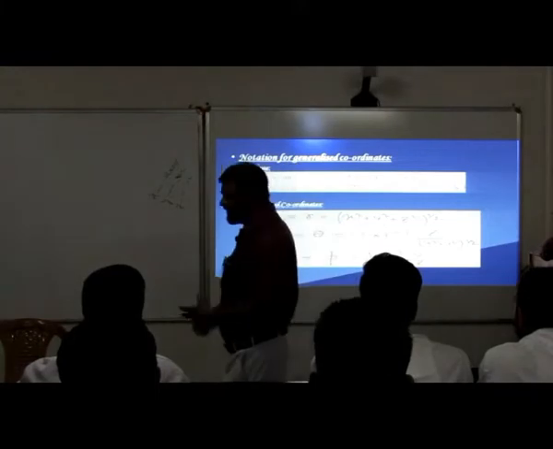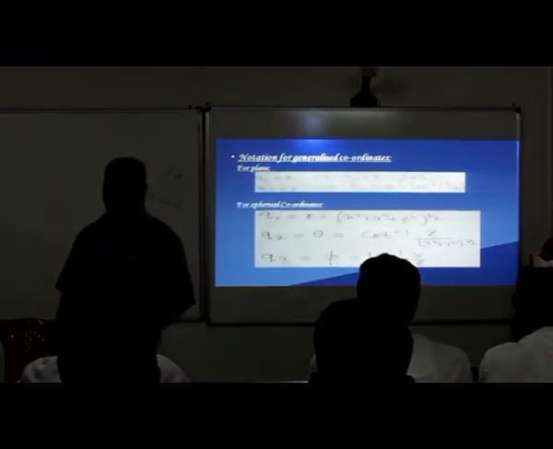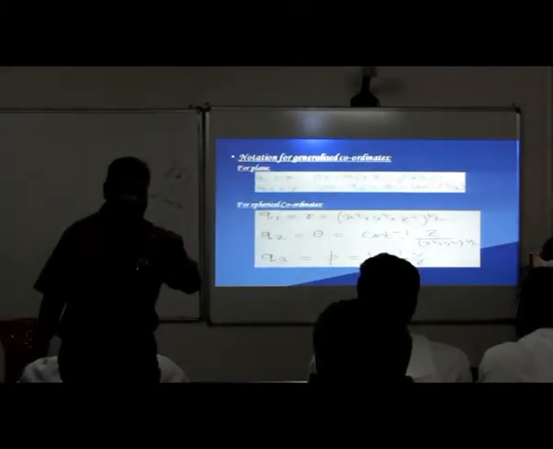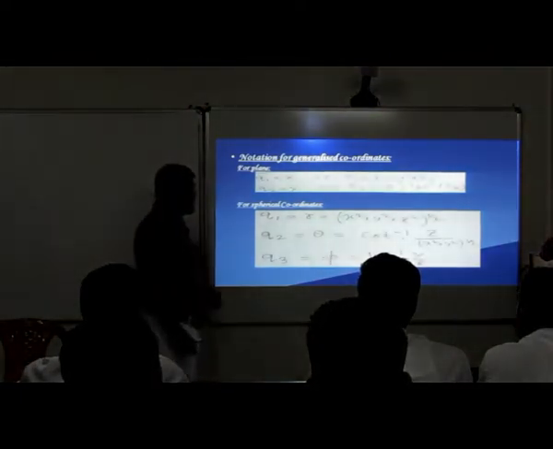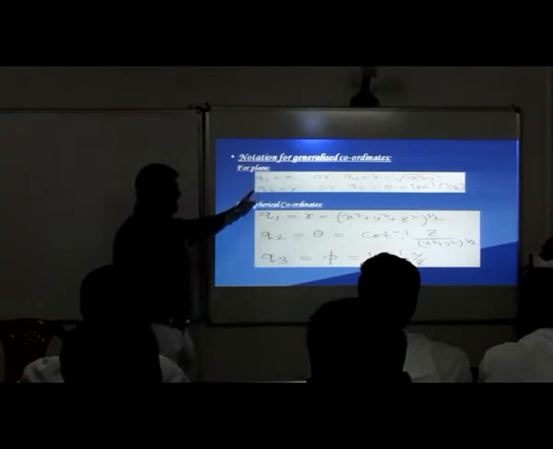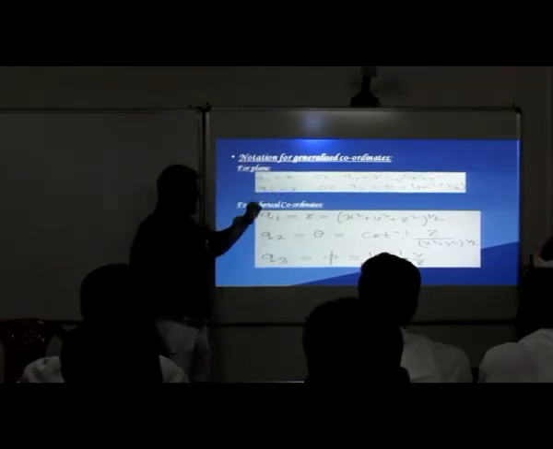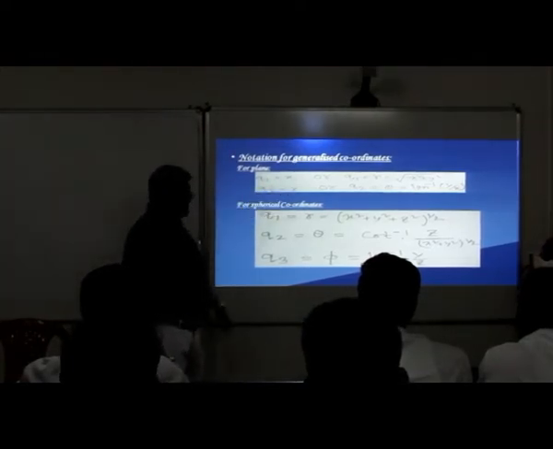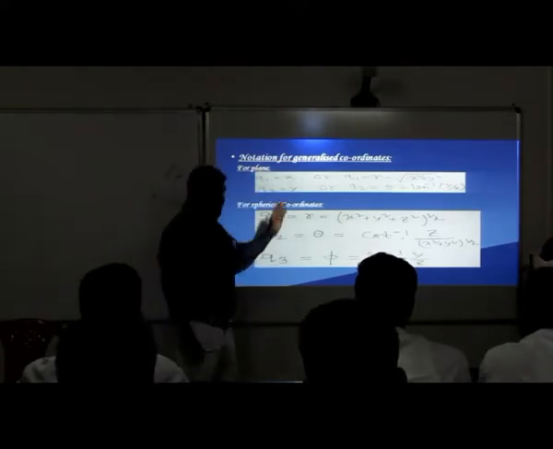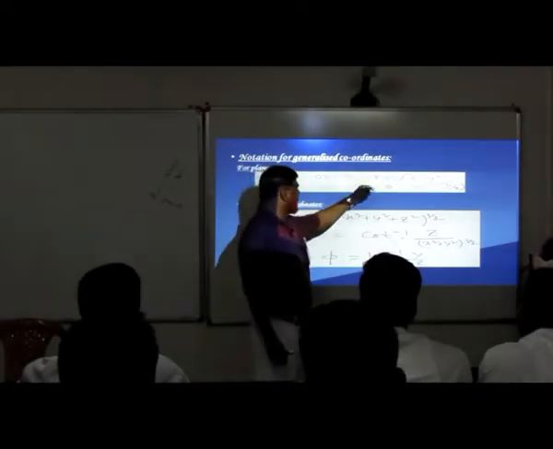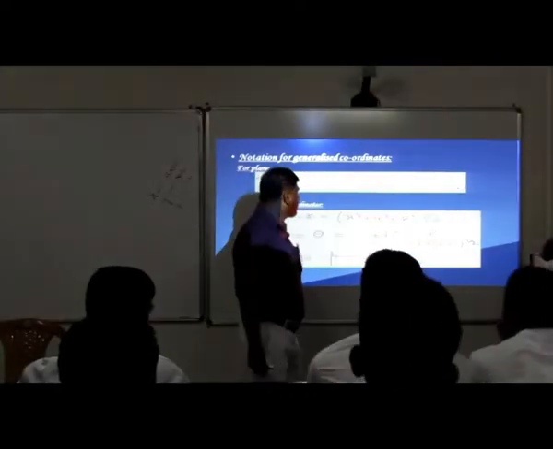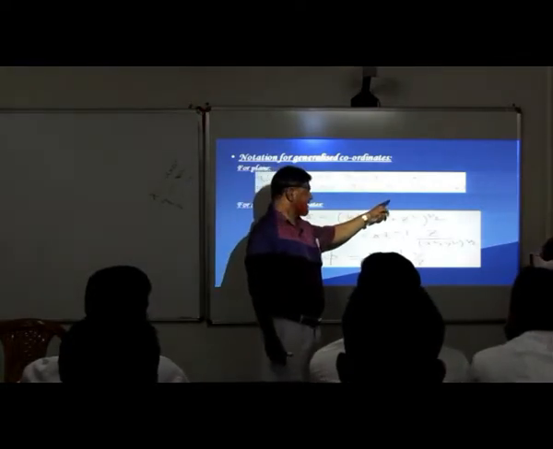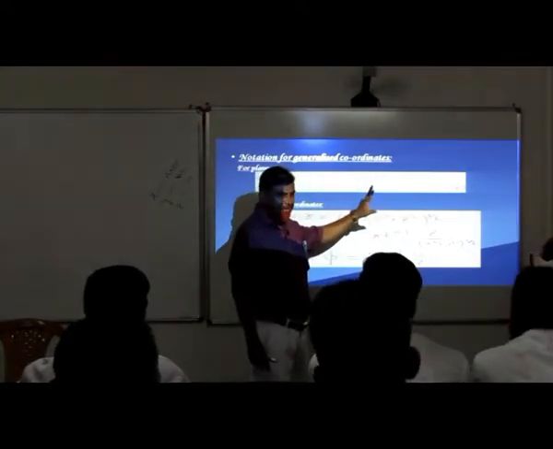Whenever we represent Cartesian coordinates for a plane, we choose coordinates q1 as x and q2 as y. For polar, q1 is equal to r, which is root over x square plus y square, and q2 is equal to theta, which is tan inverse y by x.